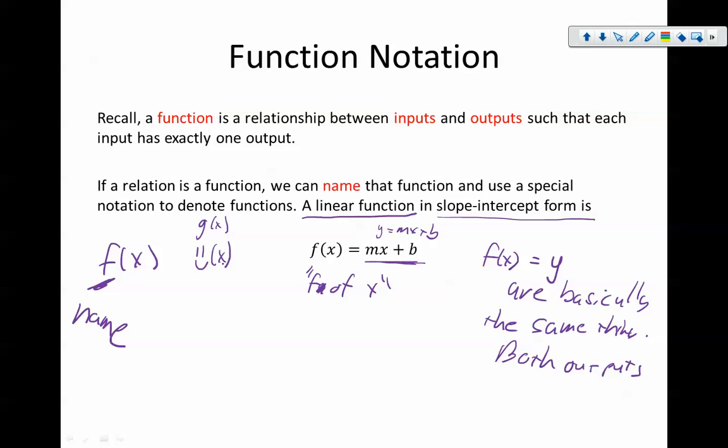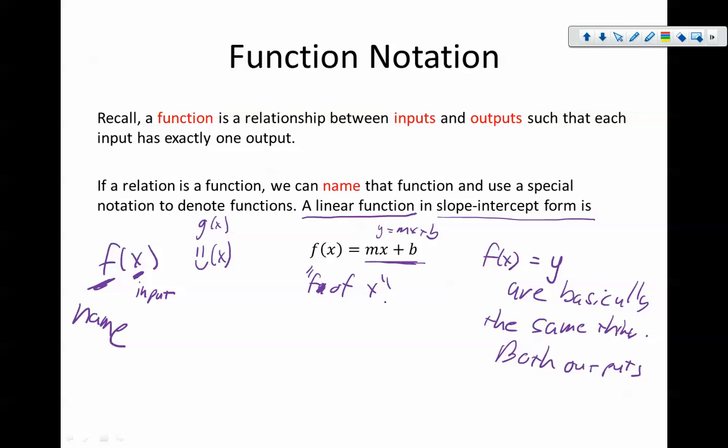It's just a name. That first letter is just the name. This number in the parentheses is the input. It's the number that I'm inputting into the function. So here I have a function named f with an input x equal to mx plus b, meaning if I take my input and I multiply it by m, and I add b, I'm going to get my output.